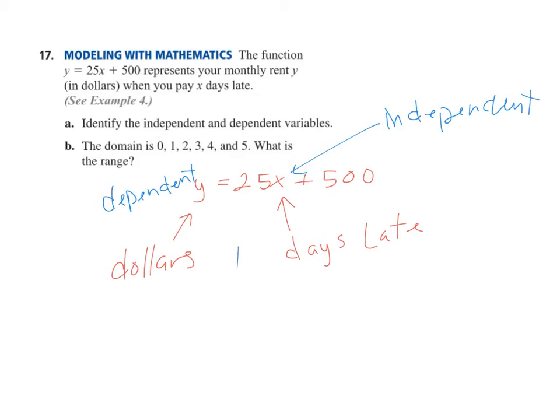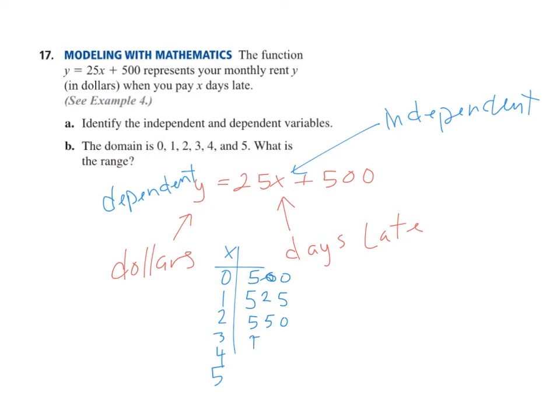Alright. The second part is the domain is 0, 1, 2, 3, 4, 5. They want to know what is the range. So you're going to plug that in. If we take 0, 25 times 0 is 0. 0 plus 500 is 500. 25 times 1 is 25 plus 500, 525. 25 times 2, 50, plus 500 is 550.